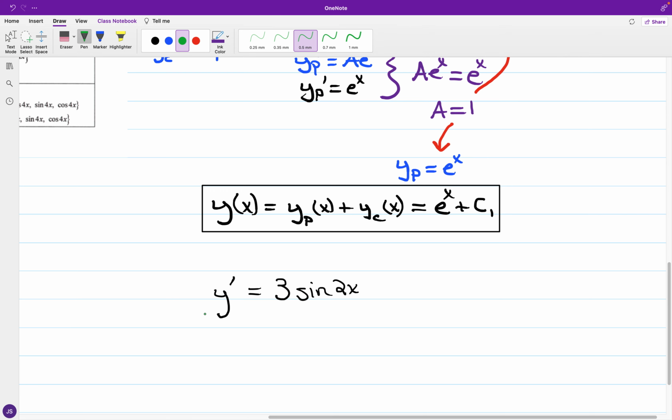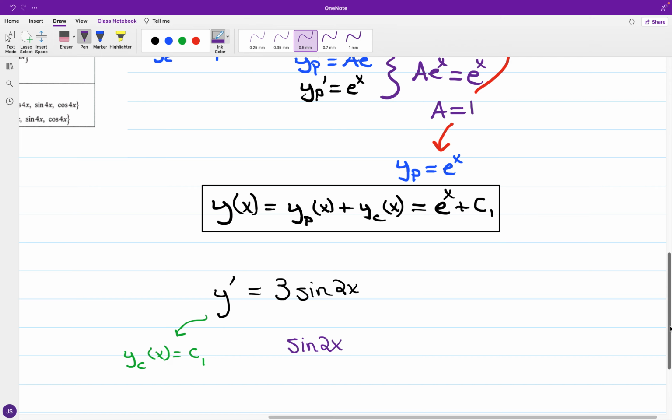Now again, if I had y prime equal to 0, I would have the complementary solution where y sub c of x is equal to the constant. Now, for 3 times the sine of 2x, again, I have the variable factor portion. We had the sine of 2x.